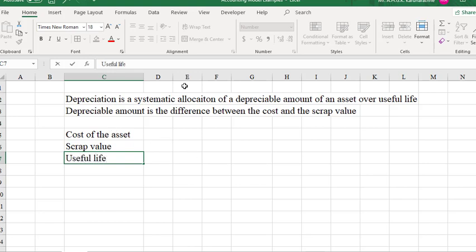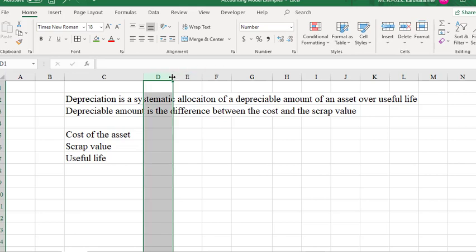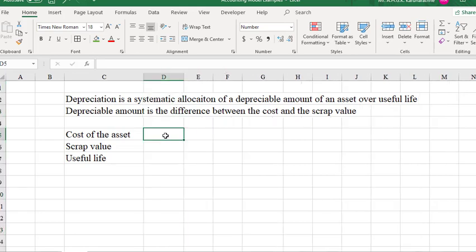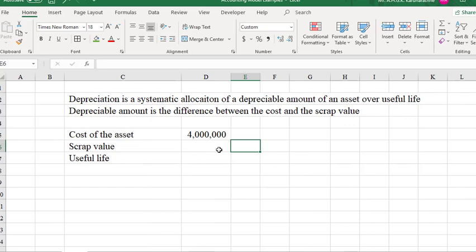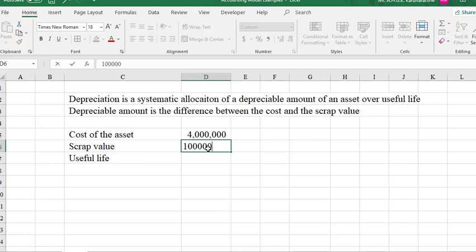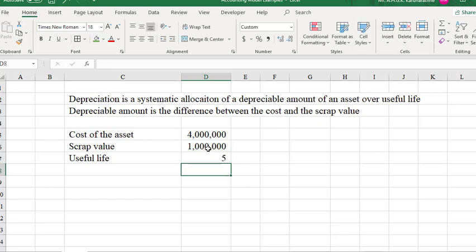Let's say the cost of a particular asset is 4 million, the scrap value is 1 million, and the useful life is 5 years. How do we compute depreciation for year 1?